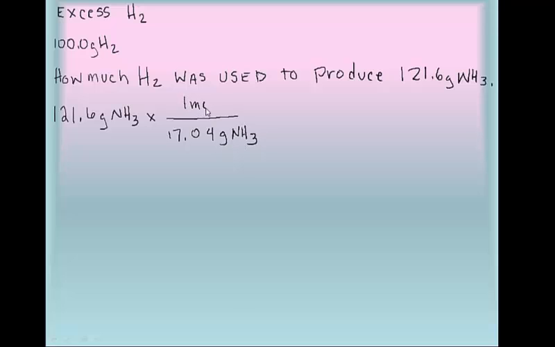So molar mass of the ammonia, stoichiometry of 3 moles of hydrogen for every 2 moles of ammonia, which is from the balanced chemical equation, then molar mass of the hydrogen.